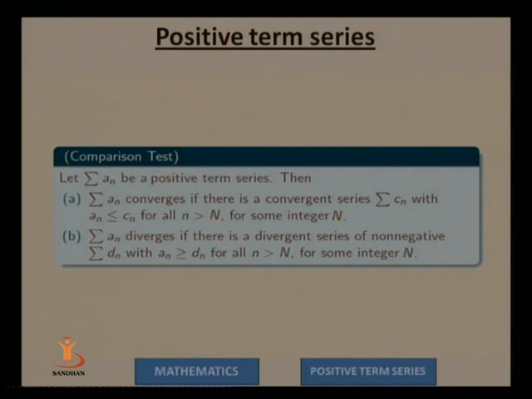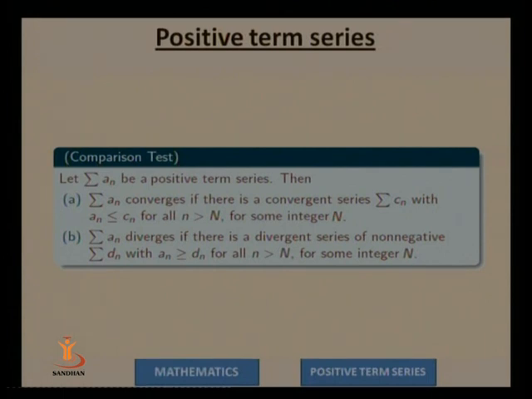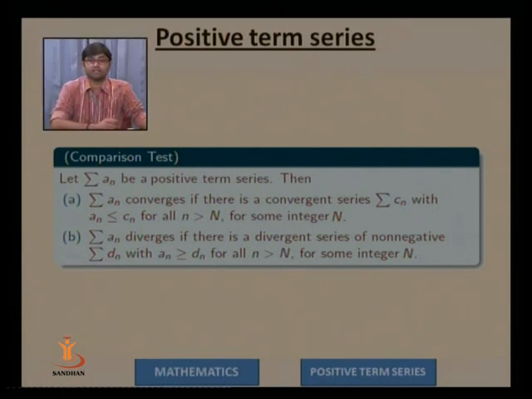So here we have the comparison test, that is, summation an is a positive term series. So consider a positive term series. Now that positive term series is convergent if there is another convergent series Cn with the term an less than or equal to Cn for every n greater than or equal to some integer capital N. So here we say that if the bigger series is convergent, then the lower series is convergent.